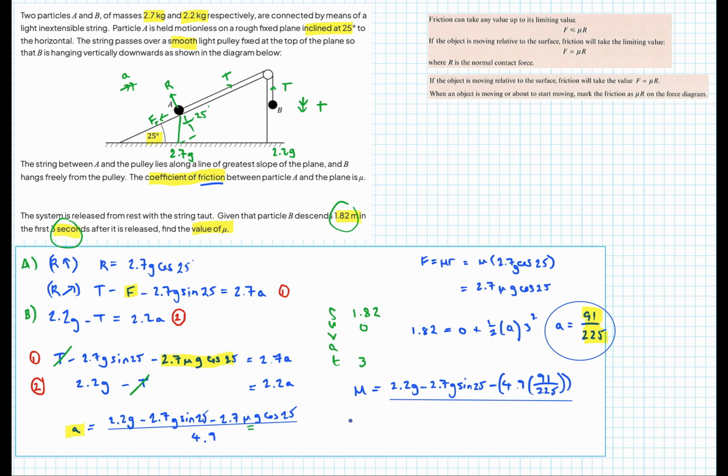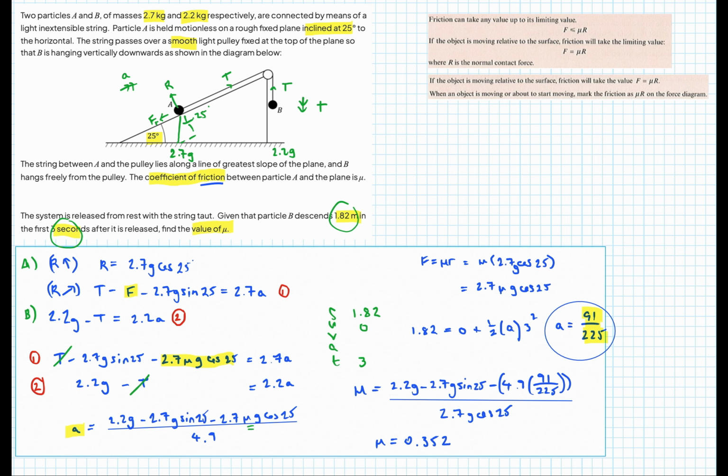Have a quick look over this if you need to, in terms of just jumping the step of it. So 2.7 g cosine 25. And that should get you your answer. Again, do it in bits and pieces. Do it in parts if you need to. Be very careful and use your brackets as well when you're doing things on your calculator. So you'll get 0.352.